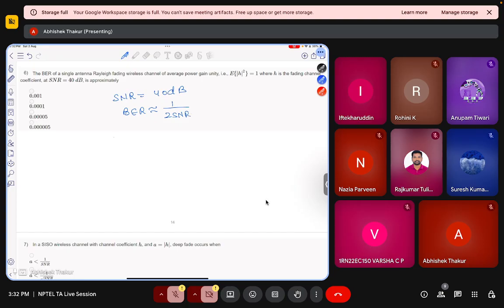So now 10 log 10 of SNR is given as 40, so SNR is 10 to the power of 4. So our bit error rate will be 1 by 2 into 10 to the power of 4. So this will be 0.5 into 10 to the power of minus 4. It will be 0.00005. So there will be 4 zeros and 5. So option C is the correct answer for this question.